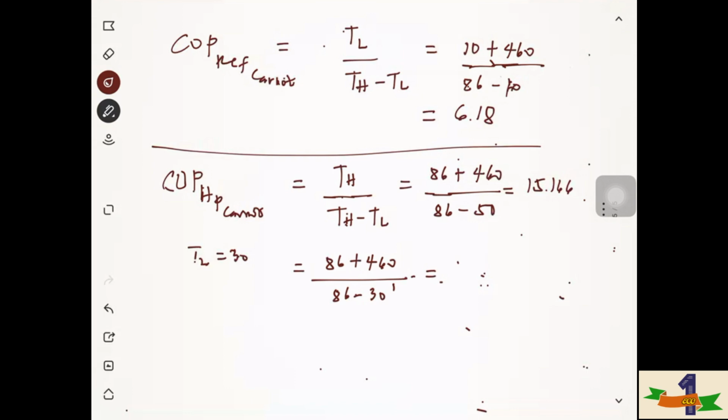And given TL is 10, we have the COP as 86 plus 460 over 86 minus 10, so the COP of our heat pump is 7.18.